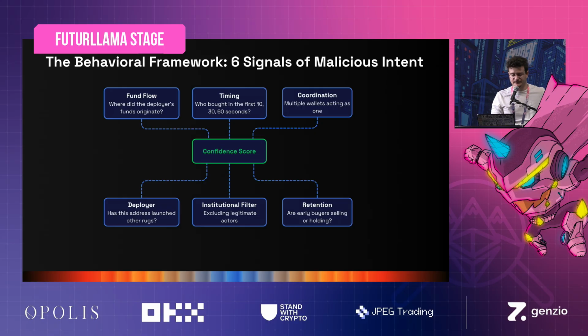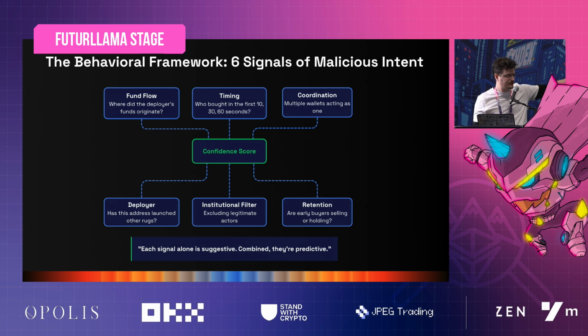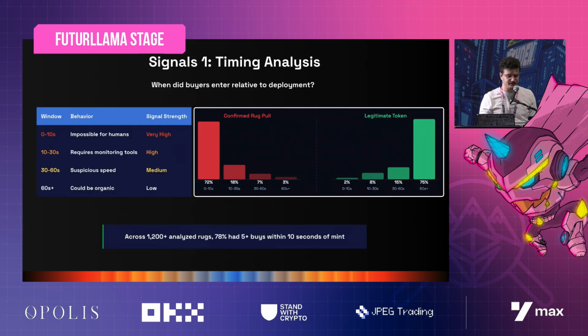This one is very funny, because you can see where and who is moving the money. Each of these signals is per se nothing, but if you put them all together, they give you a very good probability of whether you are going to get rekt. As I mentioned, each signal alone is suggestive, but combined they are predictive.